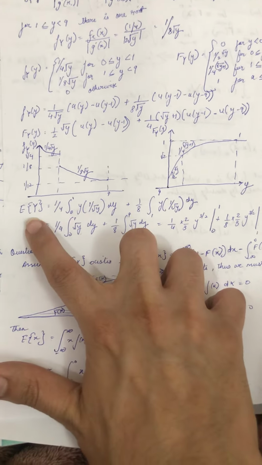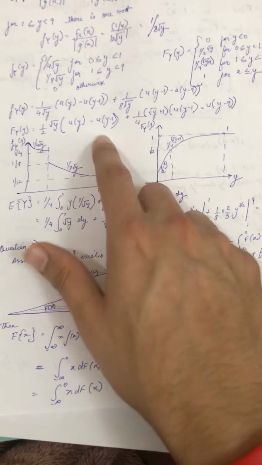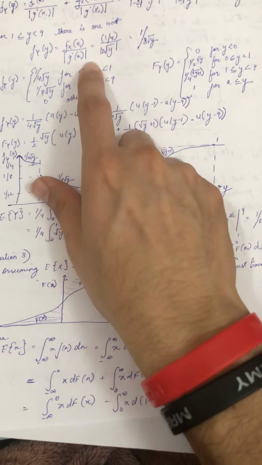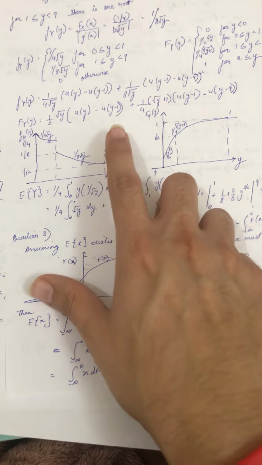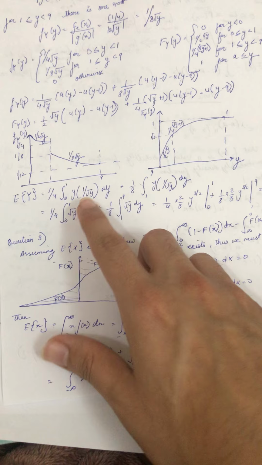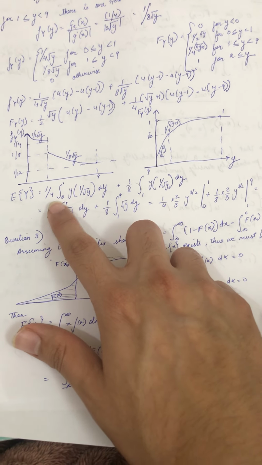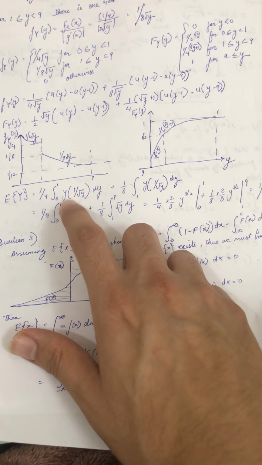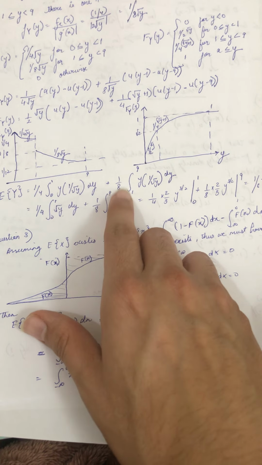Finding the expected value of y, we have both the graphs of small f of y and capital F of y from their relative values. Now the expected value of y is 1 upon 4 integral from 0 to infinity of y into 1 upon root y dy plus 1 upon 8.